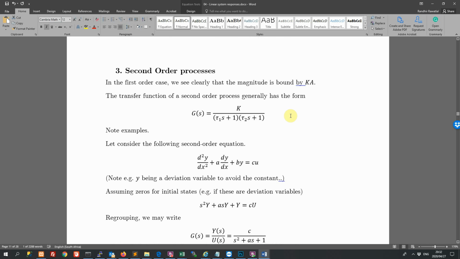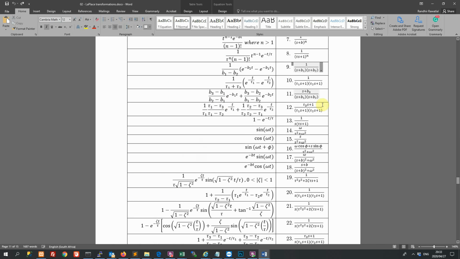Okay, moving on, let's consider now the second order process. So in second order, we have this general form. And let's have a look here again. So here's the form we are considering now. And you can see here it's still exponential functions, and it's just in a different arrangement, and you've got two different time constants.